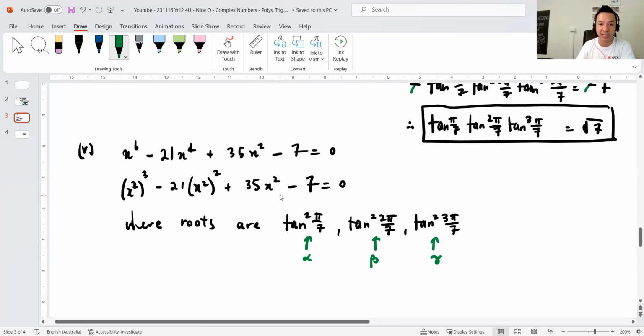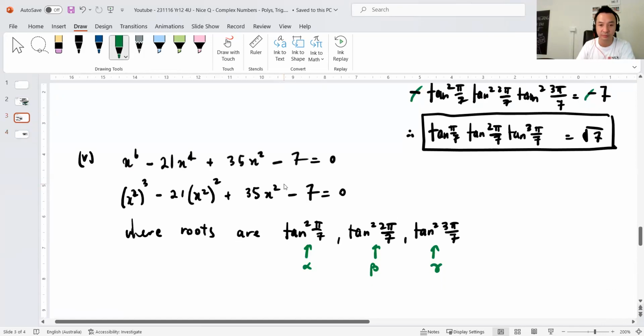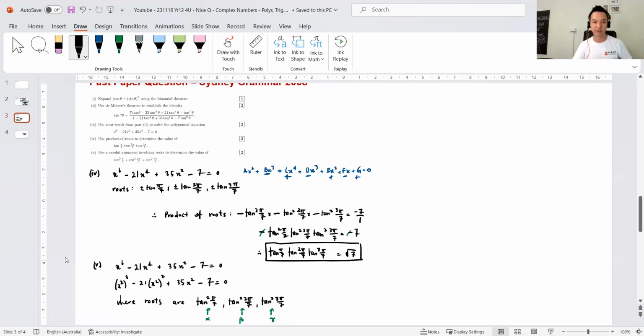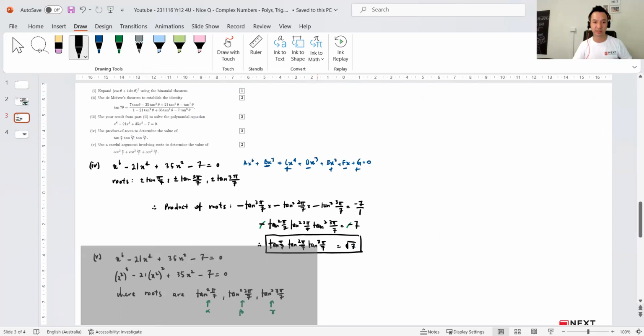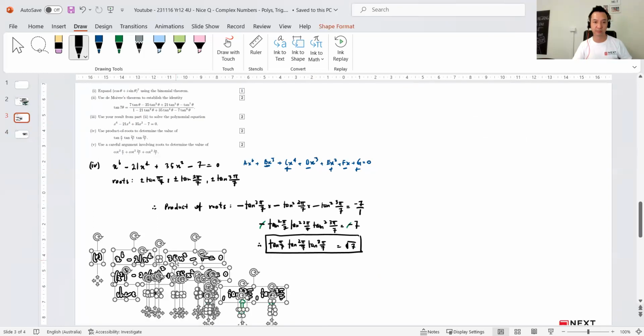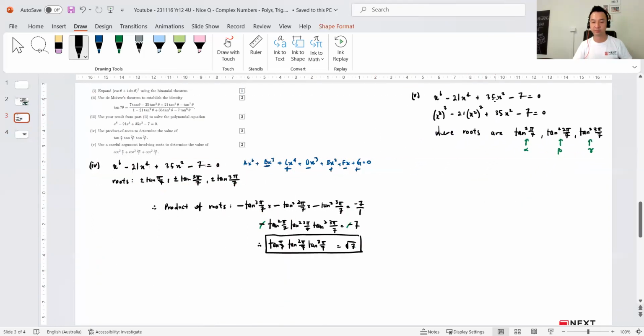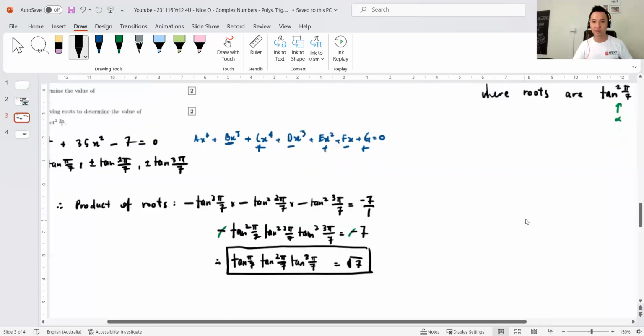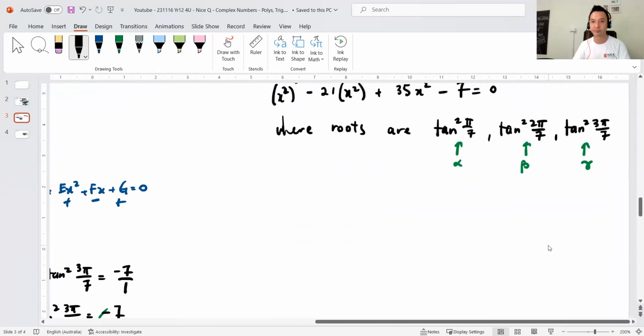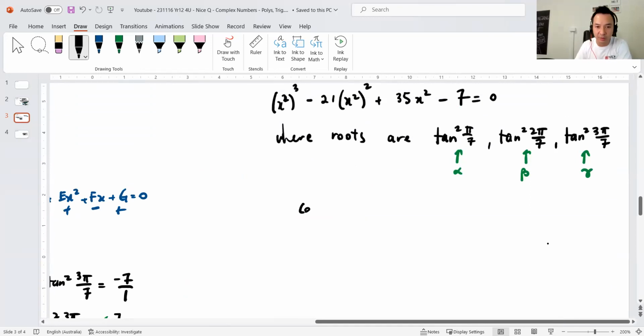Where if I say the sum of the roots, because the reason I'm doing this, maybe I don't have space. I've got so much space on the other side, so let's just shuffle. Perfect. The question says I want the sum of the cot squares: cot squared pi on 7 plus cot squared 2 pi on 7 plus cot squared 3 pi on 7.